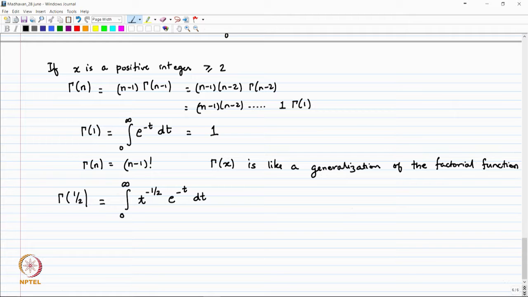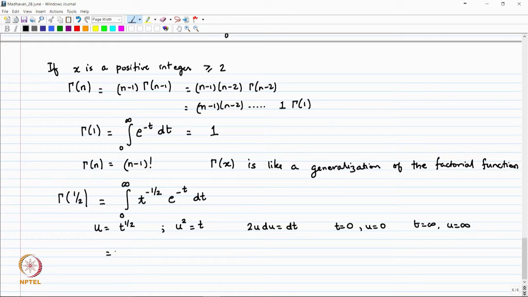In order to do this integral, you set u equal to t raised to half, or u squared equal to t. Then you will get 2u du equal to dt. The limits: t equal to 0 gives u equal to 0, and t equal to infinity gives u equal to infinity.